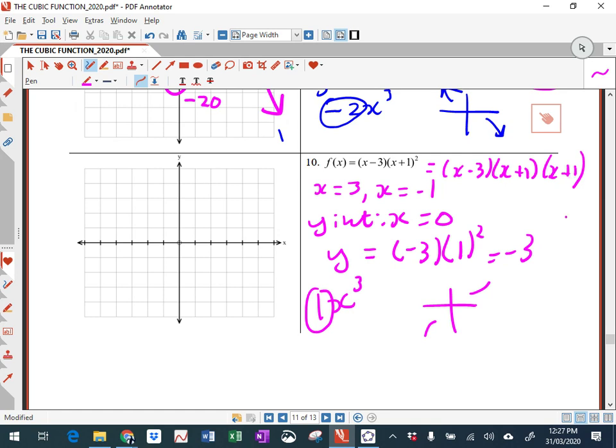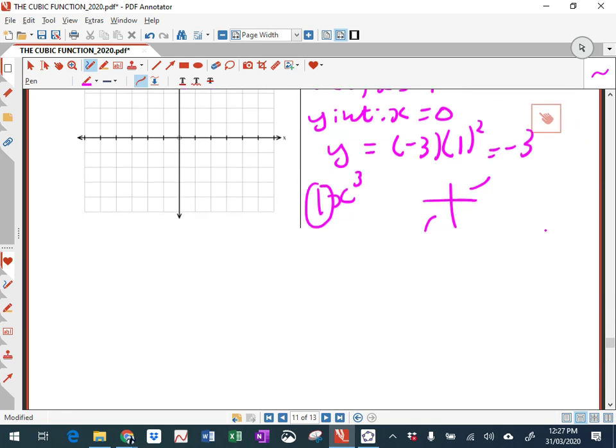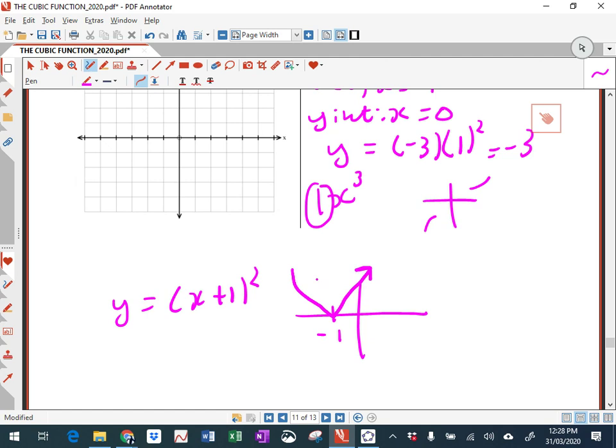Now before we sketch, I want you to think back to when we did parabolas. If I gave you a parabola like this, x plus 1 squared, then at negative 1, the x-intercept, the turning point is exactly there. That's a very bad parabola.